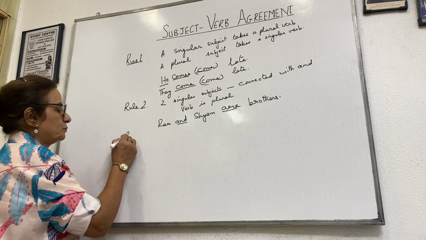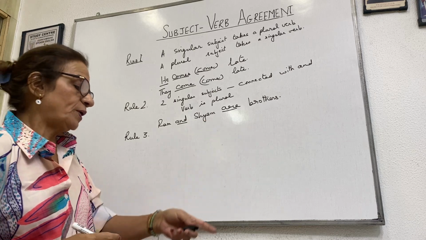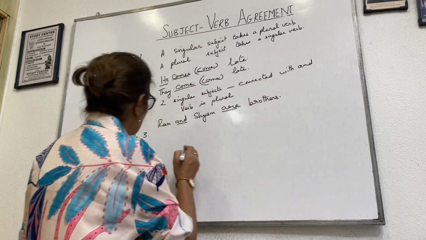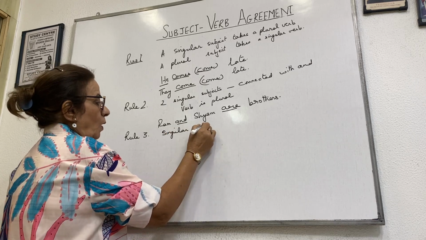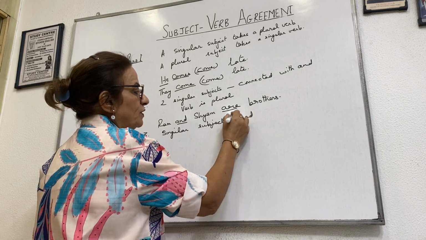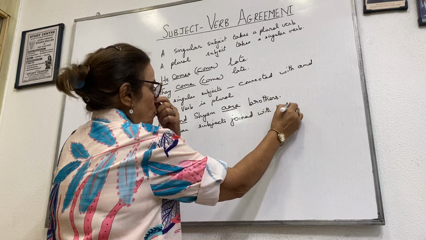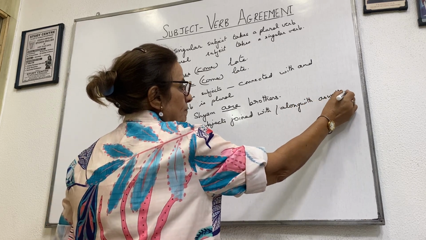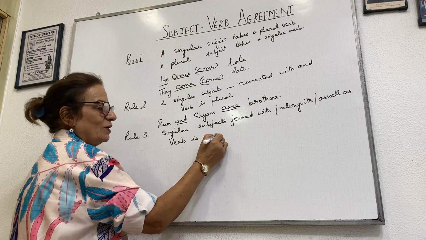Rule number 3. Now if they are singular subjects but not joined with and, but connected with, along with, as well as, then the verb is not plural but the verb is singular.